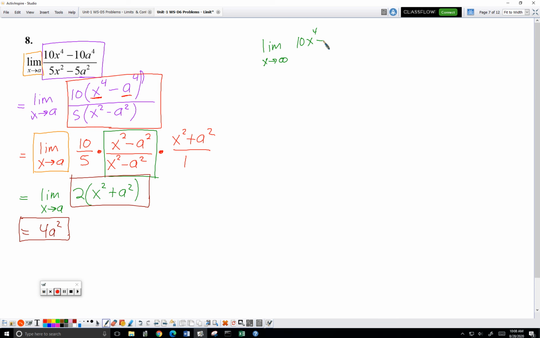So if x grows and grows and grows, what's y going to do? Grow and grow and grow. So I can just write down the answer. There's nothing really that I have to work out. They both grow.